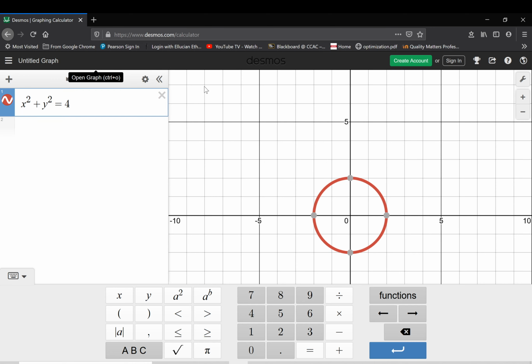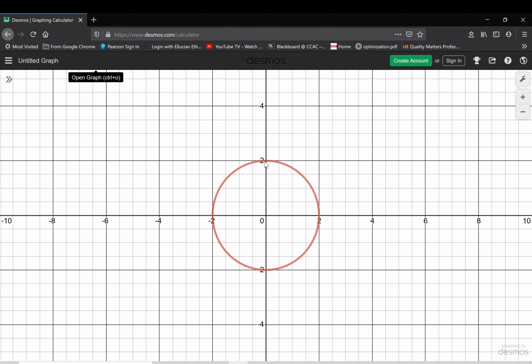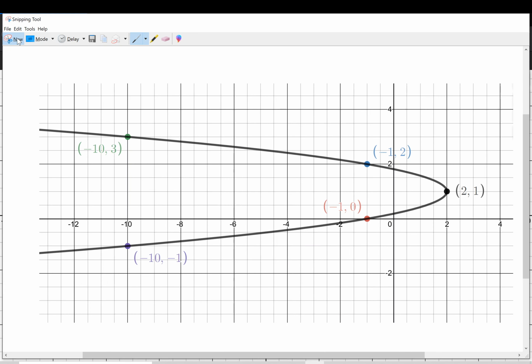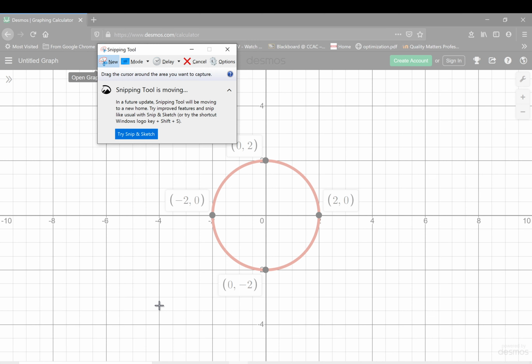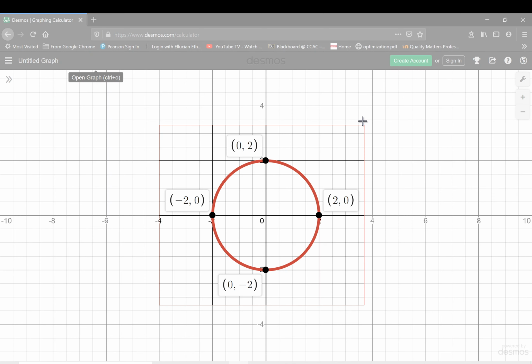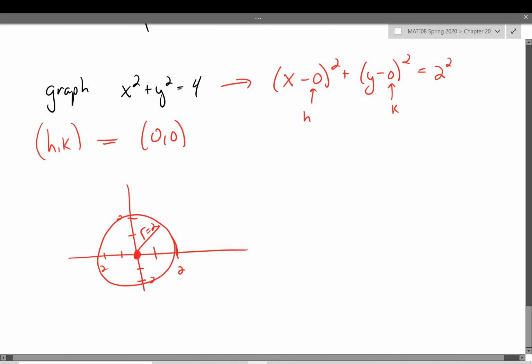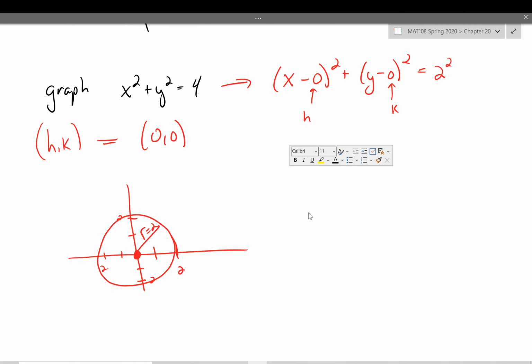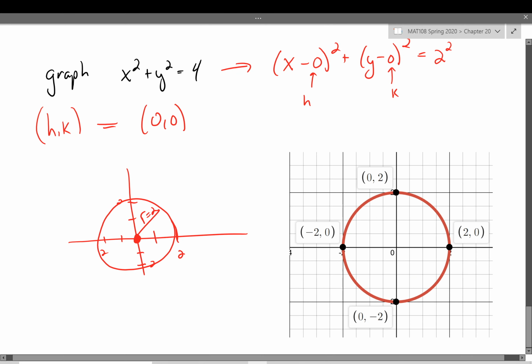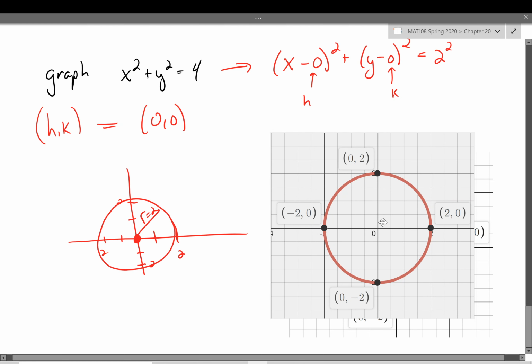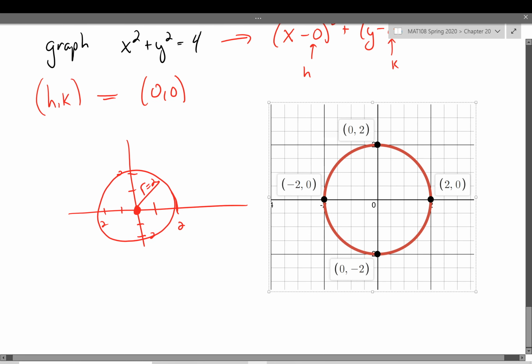Now I'll click on every single intercept, snip it, and put this into our notes. There we go. And I'll put it to the right just so I can make fun of myself. There you go. All right, that looks really nice.